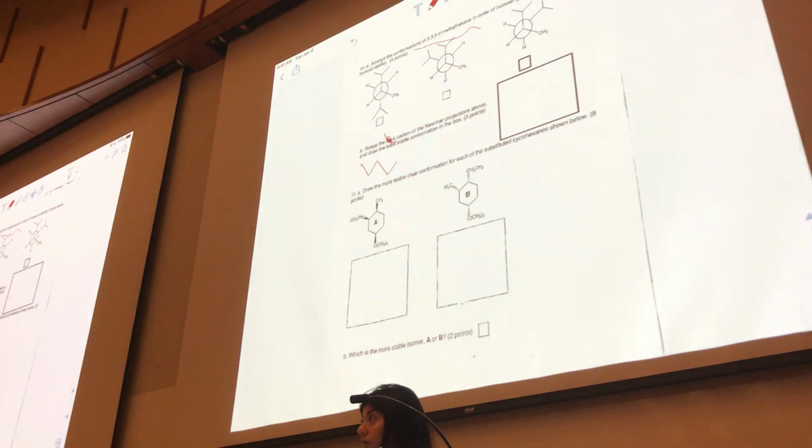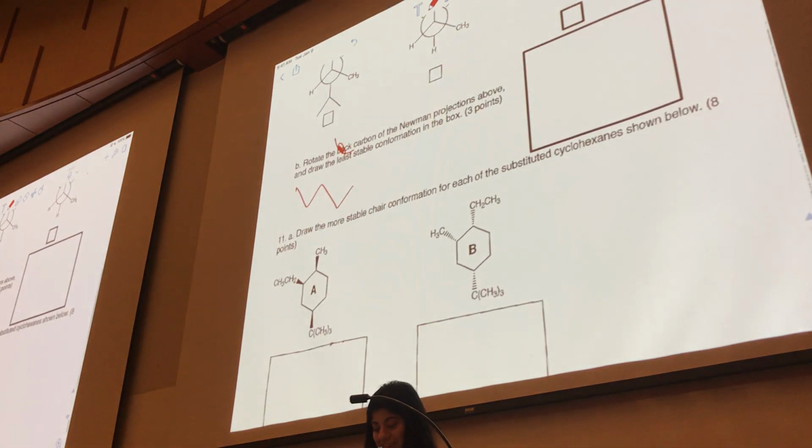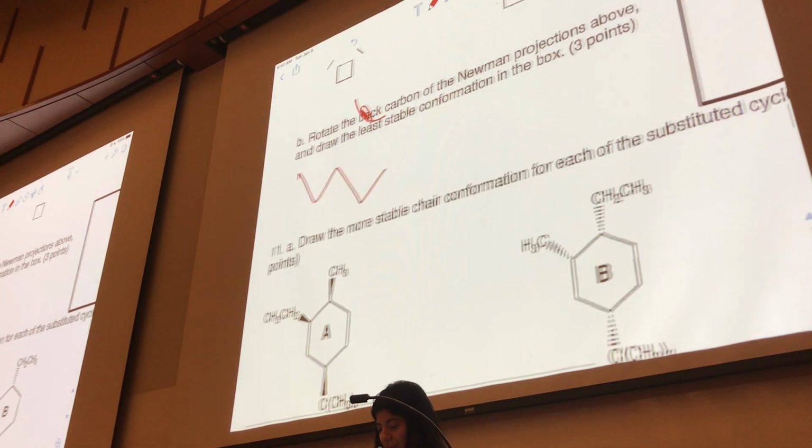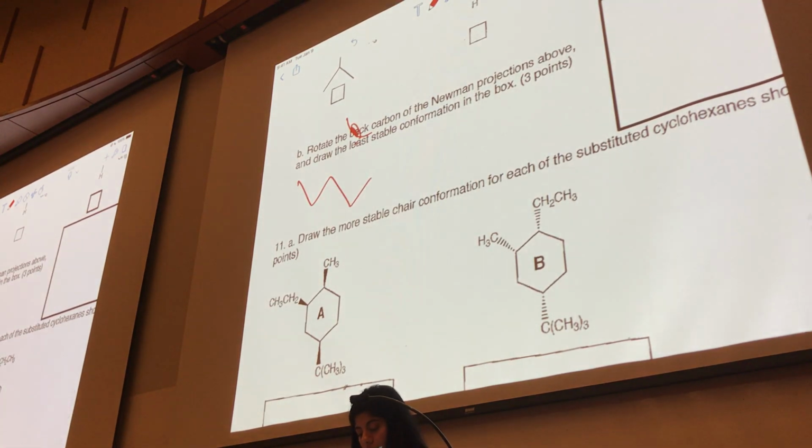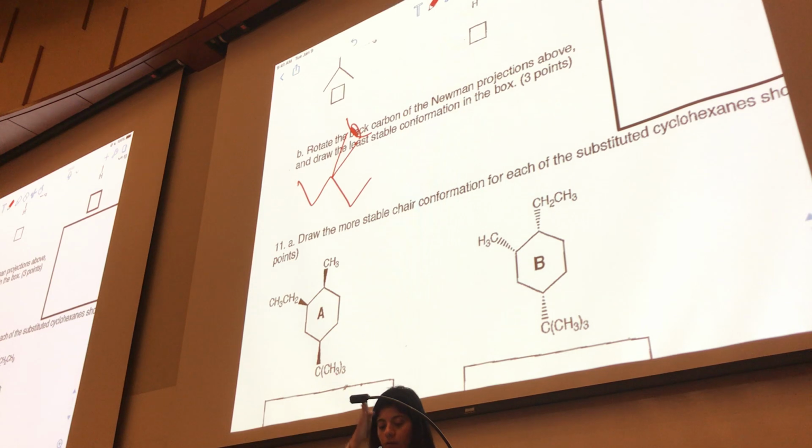So your eye is looking at it through here, right? On the paper it's flat, but when you have your eye looking at it from that angle, what you have is one carbon directly in front of the other. So you're looking down the bond, okay?